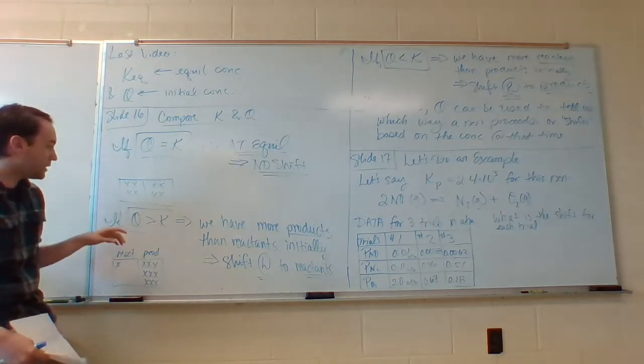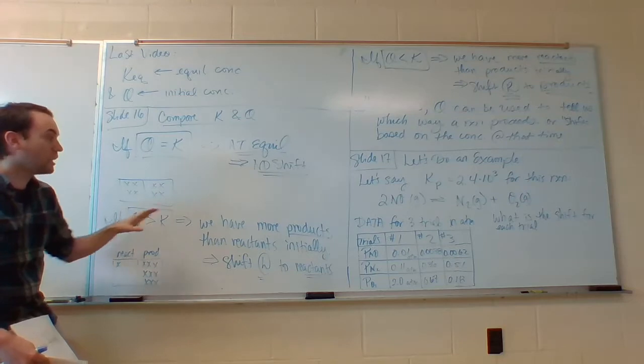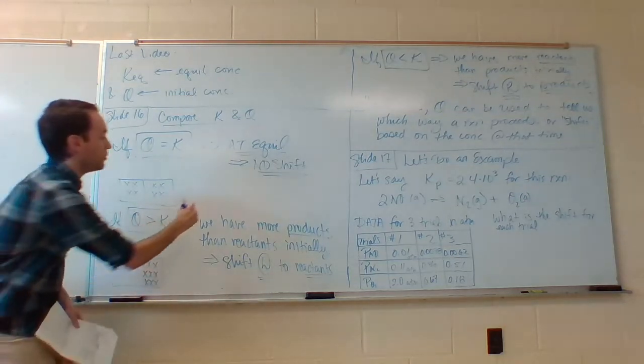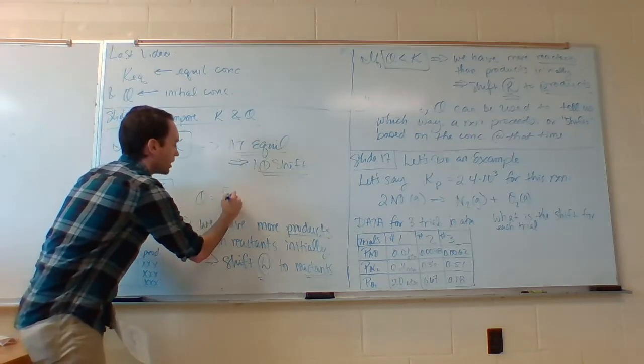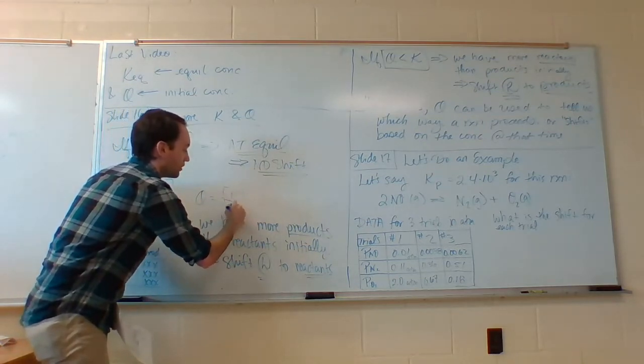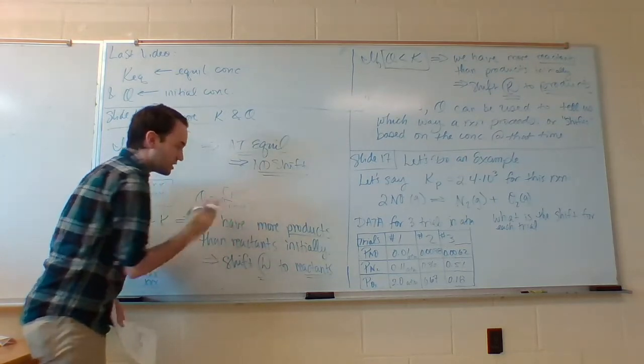Now, what happens if Q, what we started with, has a lot more products? Remember that Q is equal to our concentration of products over our concentration of reactants, raised to their stoichiometric coefficients.